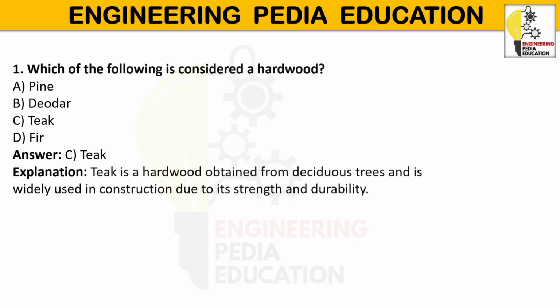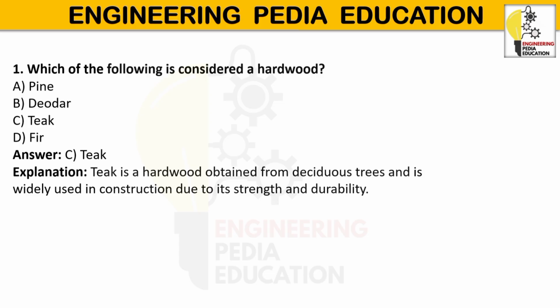What type of wood is teak? Hardwood. The scientific name of teak is Tectona grandis. It resists termites because it contains natural oil and silica. The color of teak wood is usually golden brown to dark brown. Two common uses: furniture, door and window frames. Main disadvantage of teak: high cost.